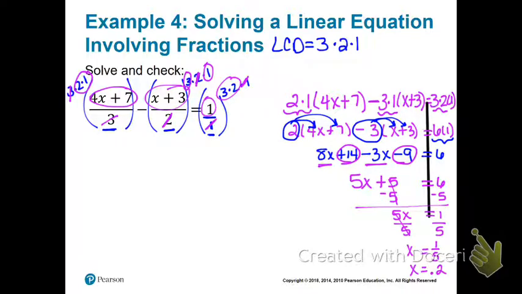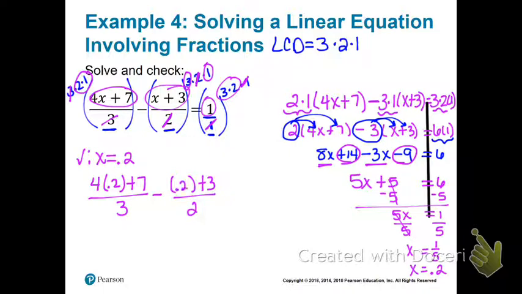All right, so when we go to check this, because it says to check it, we're going to plug in x equals, and I'm going to go ahead and use the 0.2. So we got 4x plus 7 over 3, and so I'm plugging in that 0.2, minus x plus 3 over 2, I'm going to plug in the 0.2, equals 1. Now remember, we work each side individually.